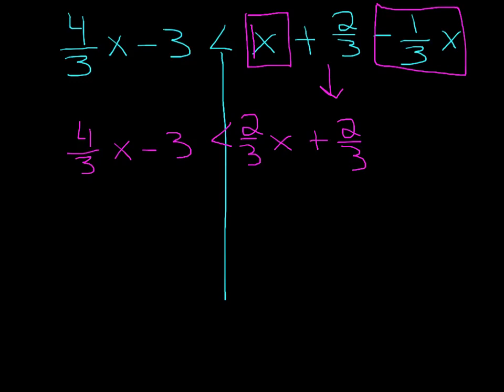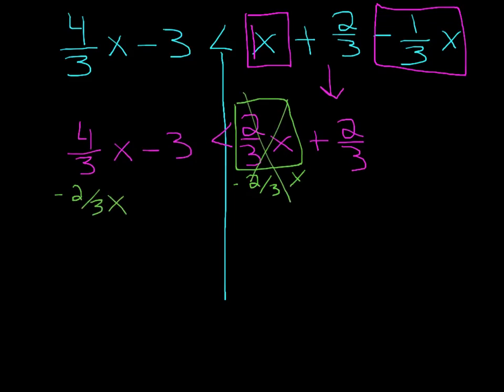Now let's get our variables onto one side. So let's move 2/3 x to the left. I'm going to subtract 2/3 x on both sides. Four-thirds minus 2/3 is just 2/3, so 2/3 x minus 3 is less than 2/3.